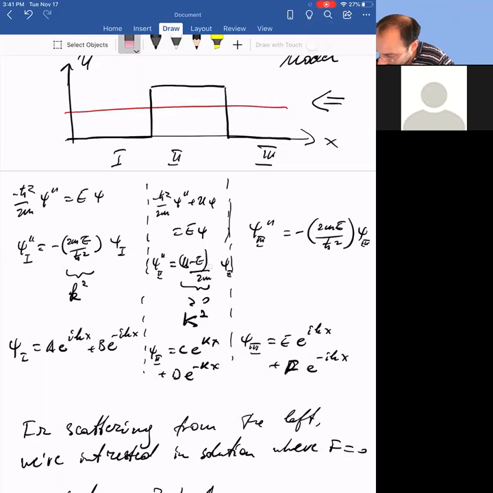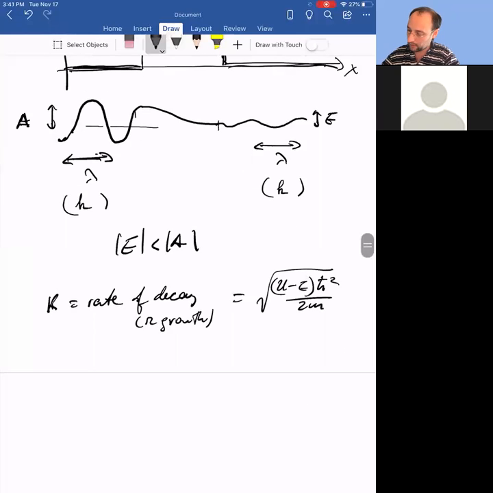So it looks like this. I think it should be 2m over h bar squared. Right. So therefore, I could sense something slippery going on. 2m over h bar squared.